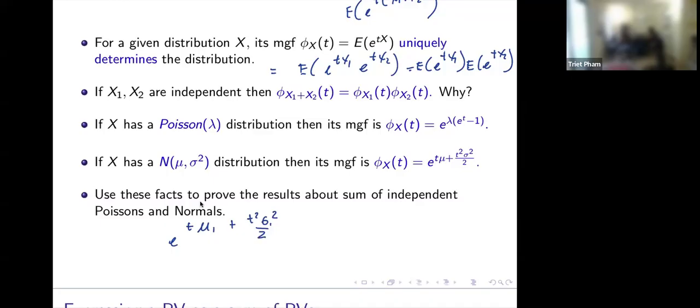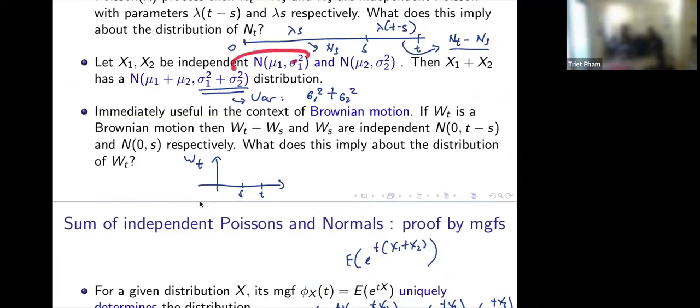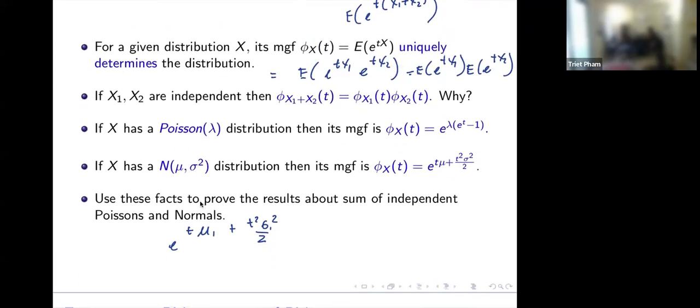That would be the MGF of a normal mu1, sigma 1 squared. And the MGF of a normal mu2, sigma 2 squared will be e to t mu2 plus t squared sigma 2 squared over 2. And we multiply these two together again.